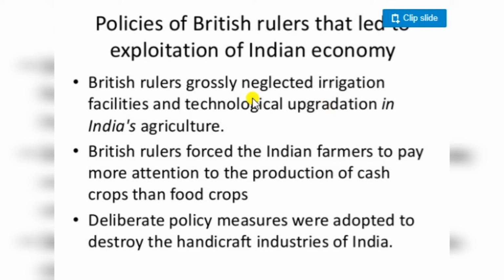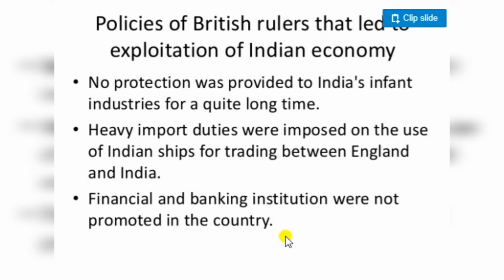There were no irrigation facilities, and technology was not up to date or upgraded. British rulers forced Indian farmers to pay more attention to the production of cash crops rather than food crops, and there was a decline in handicraft industries. There was basically no protection provided to India's infant industries, which were declining very fast, and heavy import duties were imposed on the use of Indian ships for trading between India and other countries.